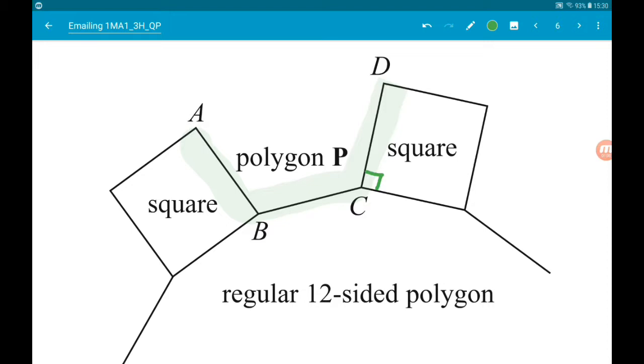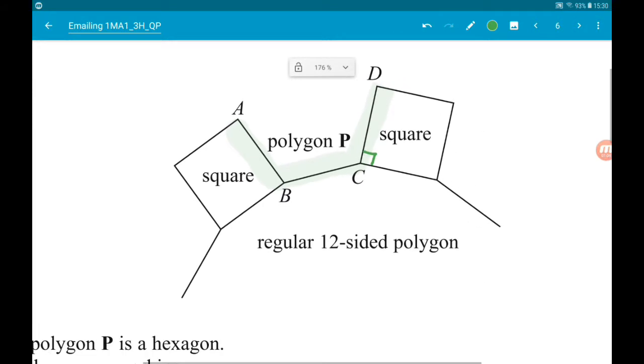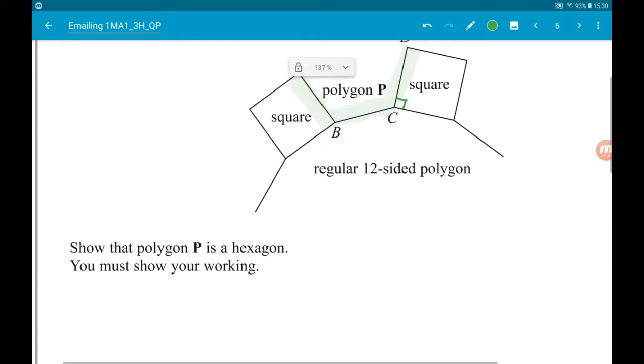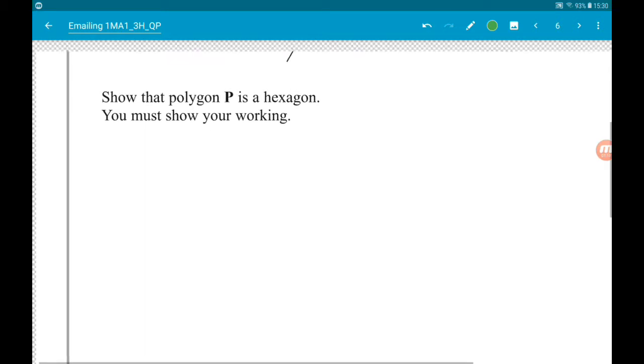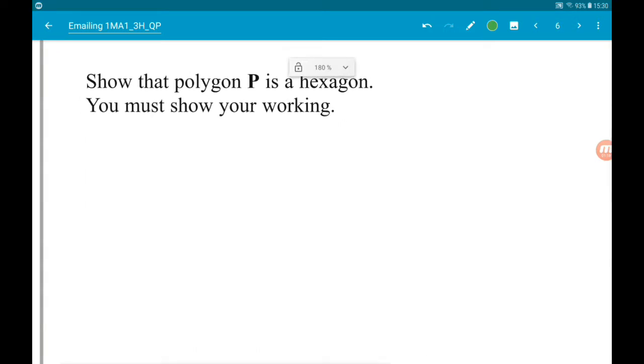So, let's first of all find what the interior angle of a hexagon should be. You might know it, you might not. This is how we work it out. So, there's a hexagon.